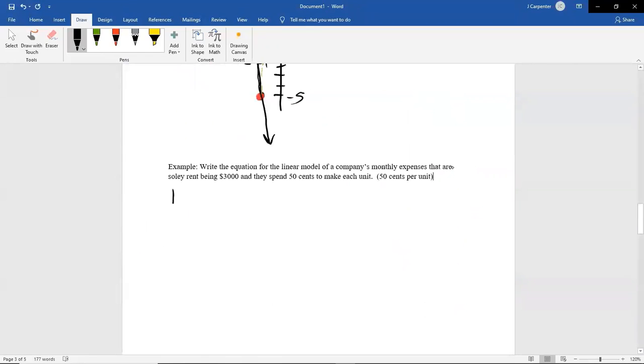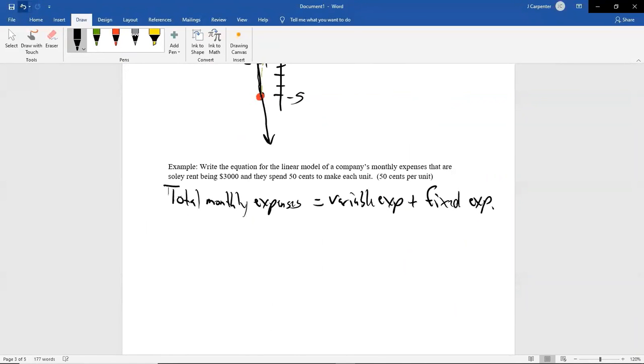So we're saying that the total amount of expenses, let me write that more specifically, total monthly expenses should be the variable expenses plus the fixed expenses. The fixed amount doesn't change. I'm just going to abbreviate total monthly expenses.